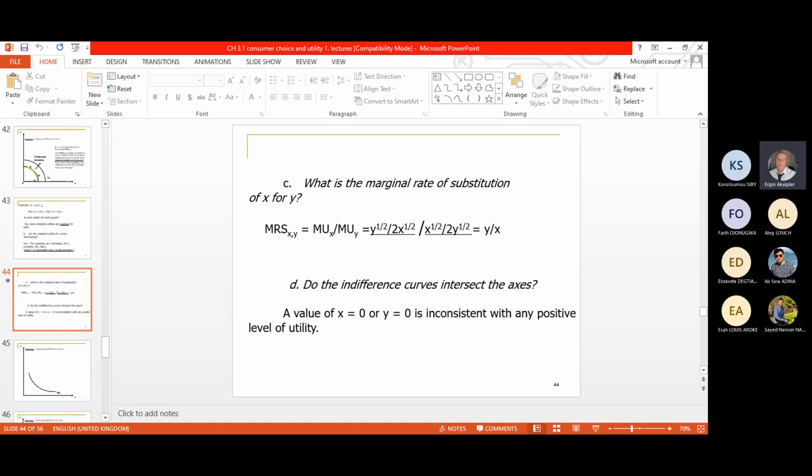Because 2 square root of y will equal to y only. So you remove the root. You understand? Is it clear? I'm talking about this because square root of y divided by 2 square root of x, instead of division, we then turn upside down, and it will become 2 square root of y divided by square root of x.